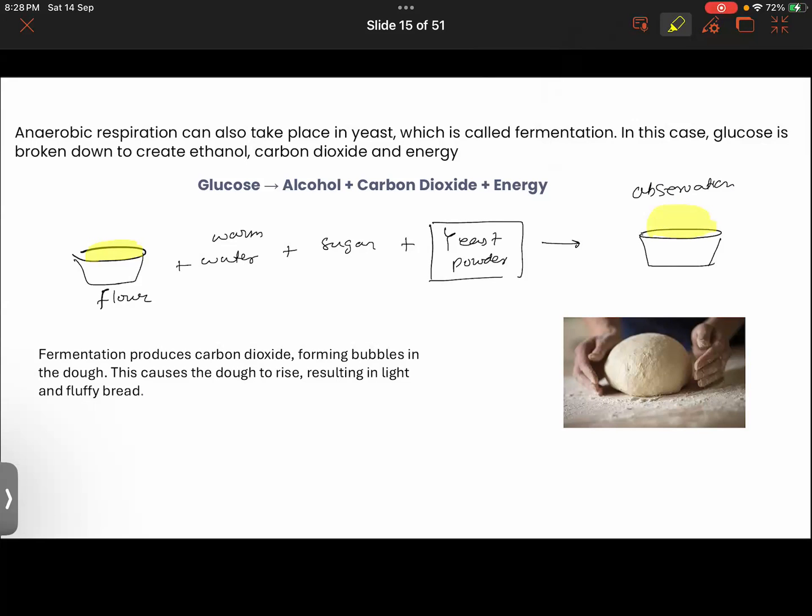So, what exactly happens here? The yeast powder will start to feed on the glucose. So what is glucose here? Flour is basically made out of wheat, and wheat contains glucose in it, along with many other carbohydrates. So glucose is present here, and I am adding sugar in it also. So glucose and sugar will be the food for the yeast.